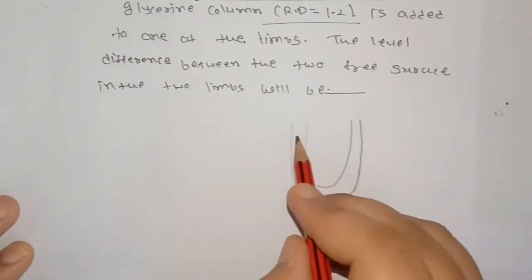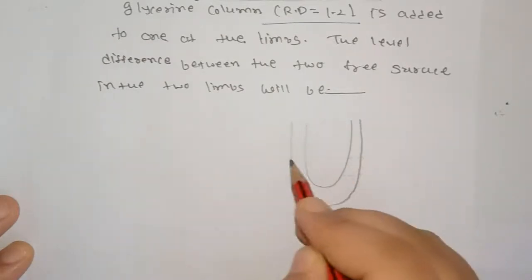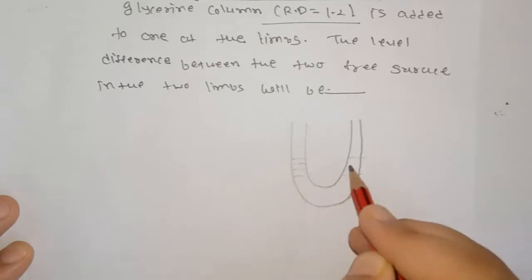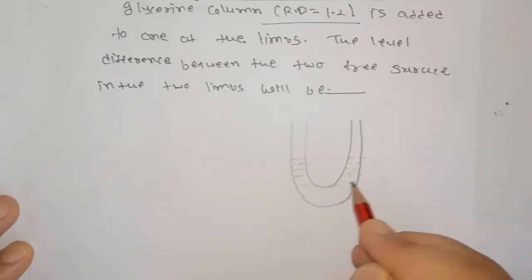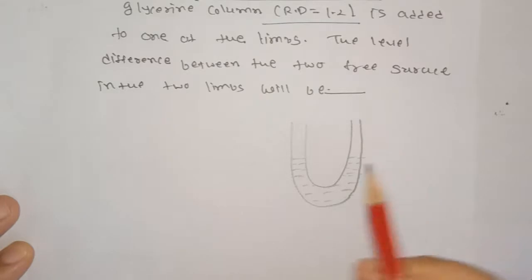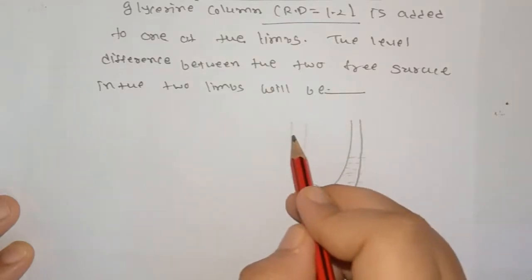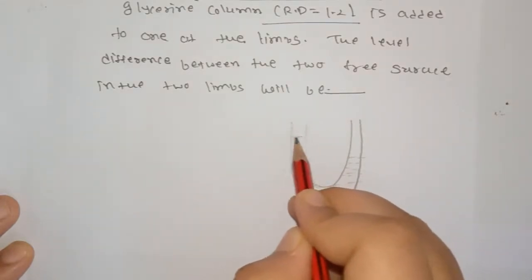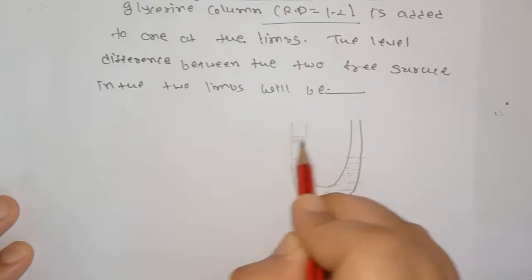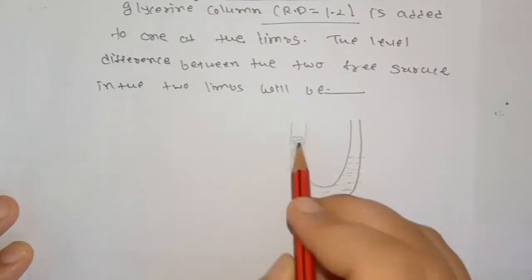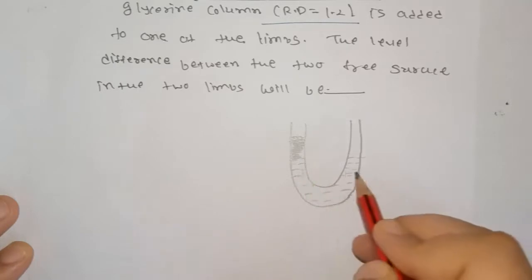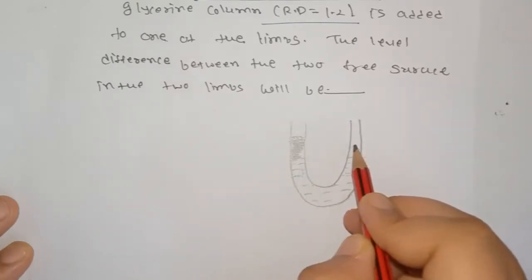Now initially when there was only water, the level in the two arms will be same. Now we have poured glycerine for 10 centimeter. So the level in this will decrease and level in this will be increased.